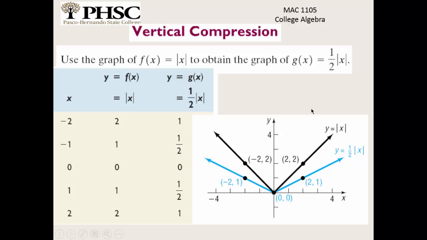As opposed to 2 times the absolute value of x, 1/2 times the absolute value of x is what they call a vertical compression. Although it becomes wider, it increases at a slower pace. The original ordered pair is 2, 2, but the vertical compression becomes 2, 1. So it grows at a smaller rate.